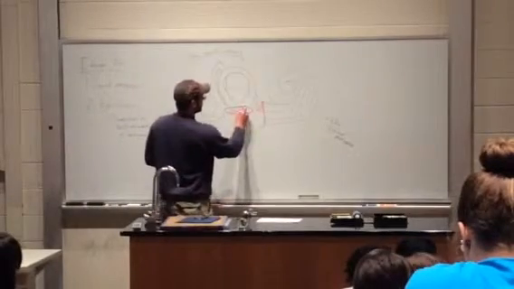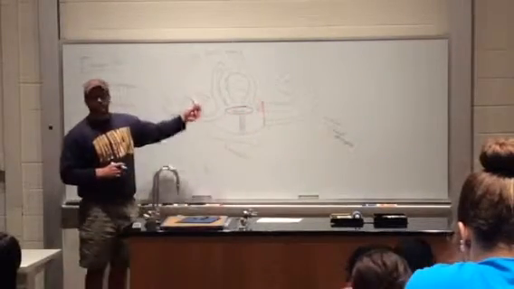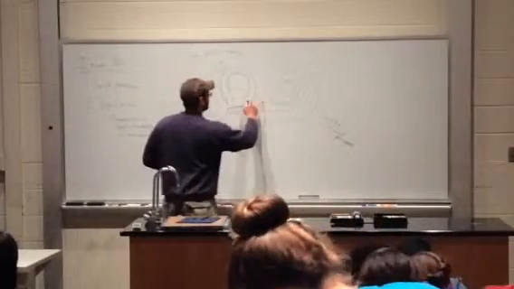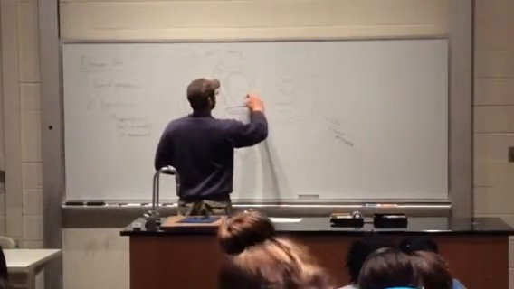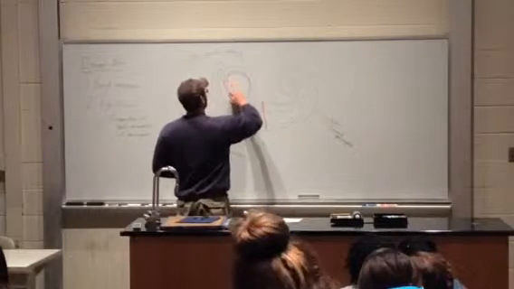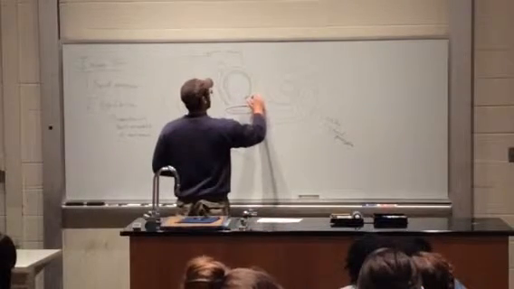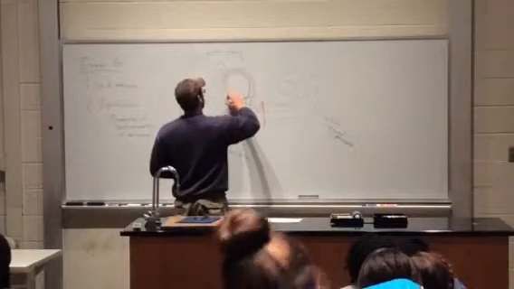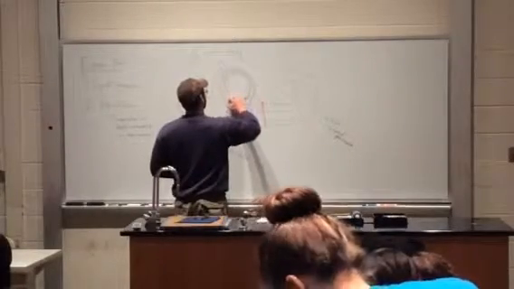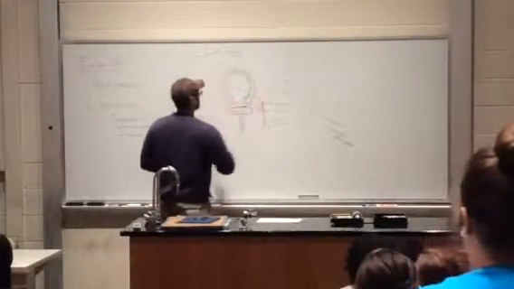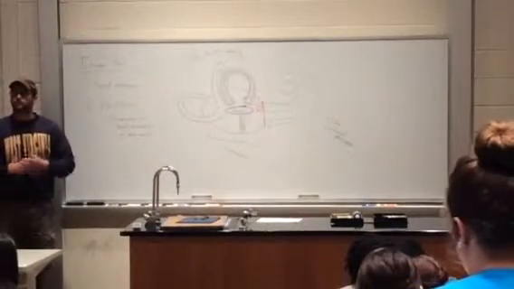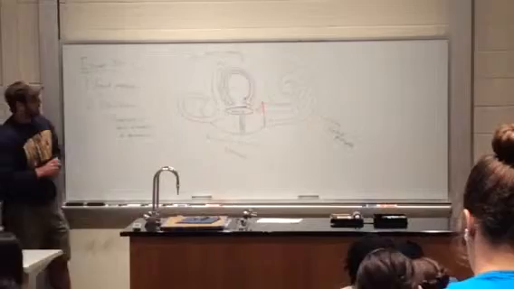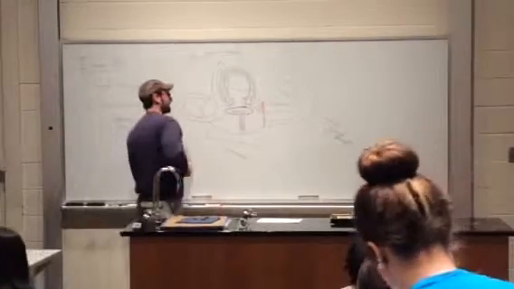Now the semicircular canals also have sac-like structures inside of them. So all those would have little sac-like structures inside of them as well. All right. So let's talk about the utricle and saccule first.